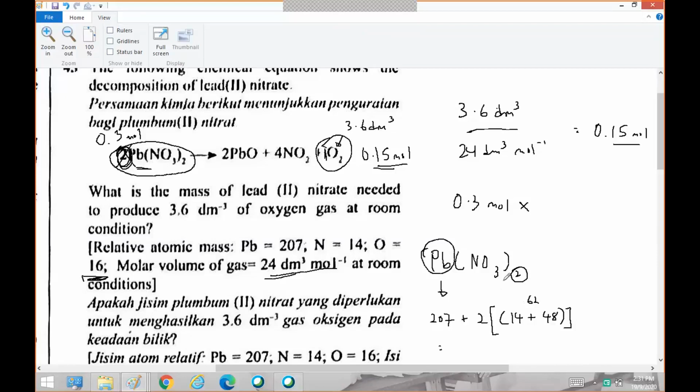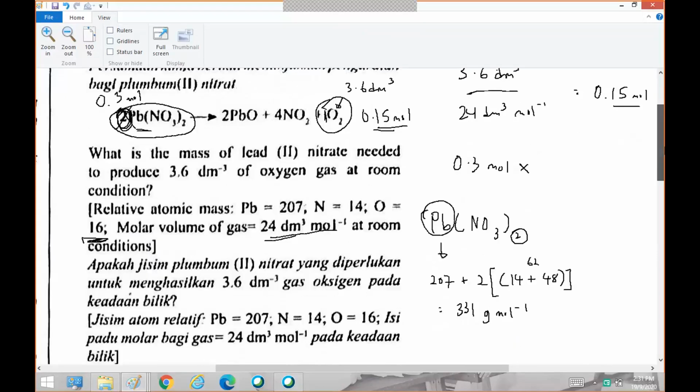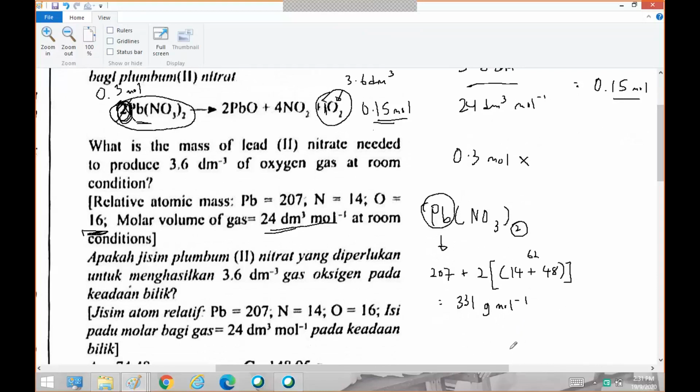124 plus 207. Let me use my calculator. 124 plus 207, 331. So this is the molar mass of lead(II) nitrate. I only need 0.3 mole though.